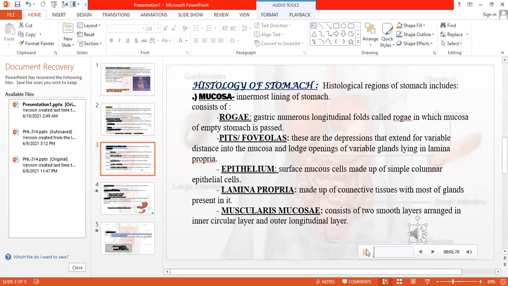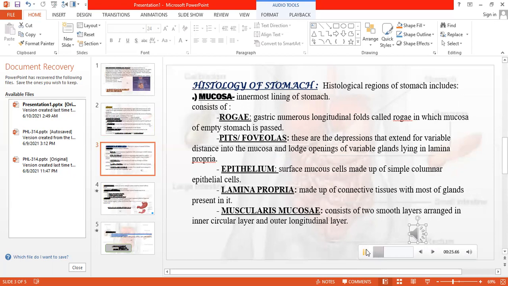Now, let's have a look at the histology of the stomach. The histological sites of the stomach are the layered walls of which the stomach, or any digestive tubular tract organ, is made up. The first portion of the histological region of the stomach is mucosa.